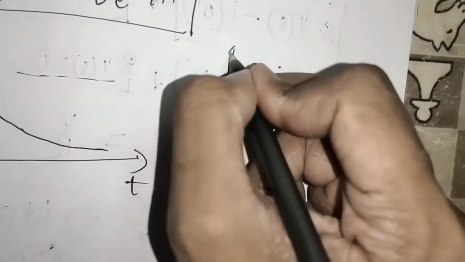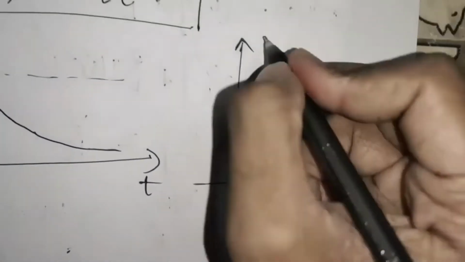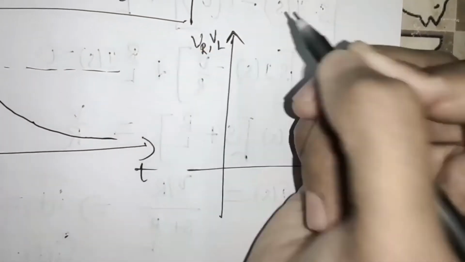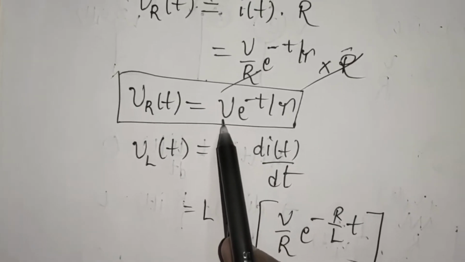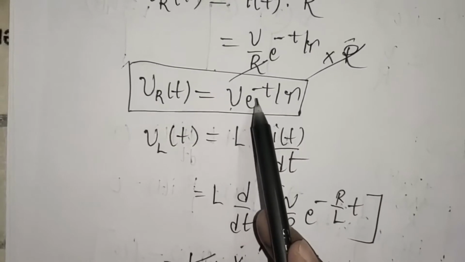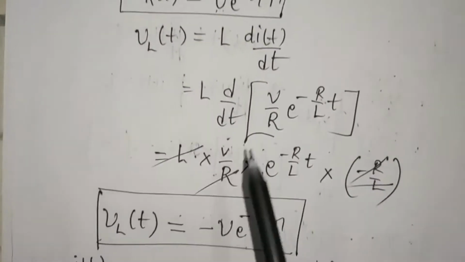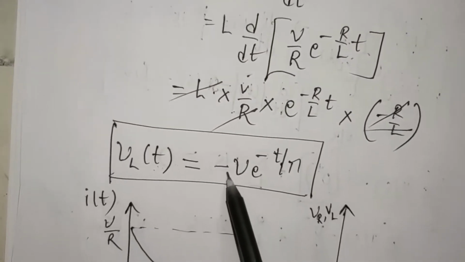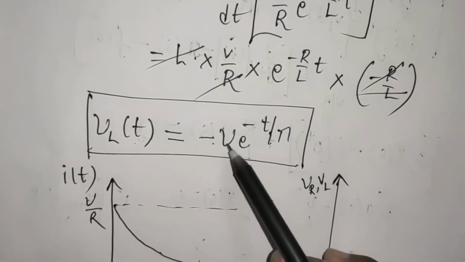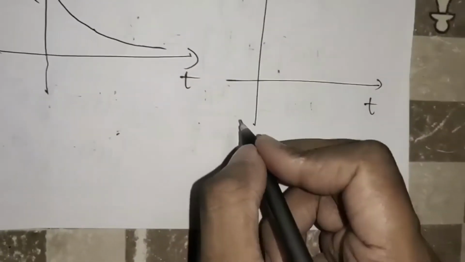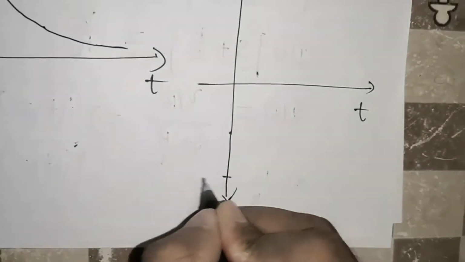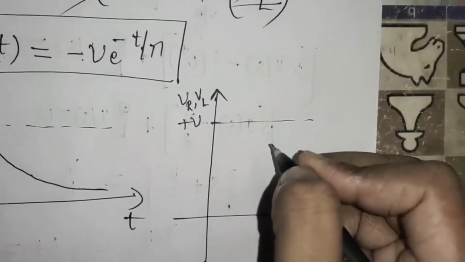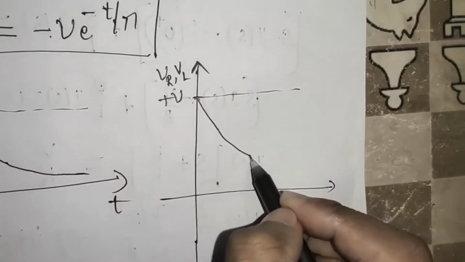Similarly, if I consider x-axis to be time and y-axis to be both Vr and Vl, from the expression of Vr, I can say that the steady state value is V and the response will decrease exponentially from V. Similarly, if I consider VL, as you can see here, it will exponentially increase from minus V. That is, if I consider this as positive scale and this as negative scale, suppose this is plus V and this is minus V. From plus V, as we have seen, it is exponentially decaying.